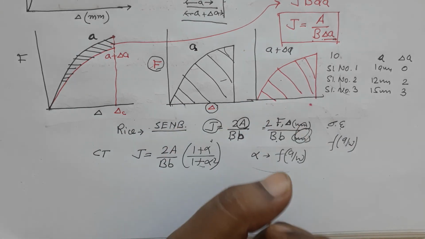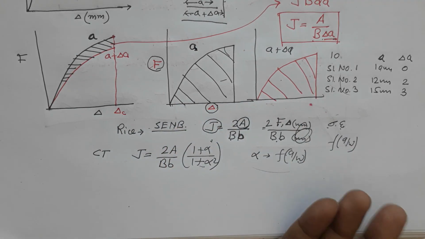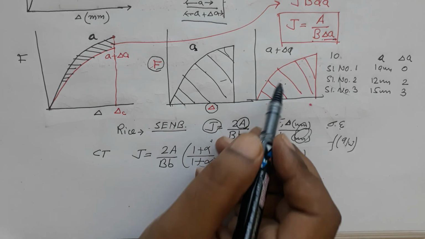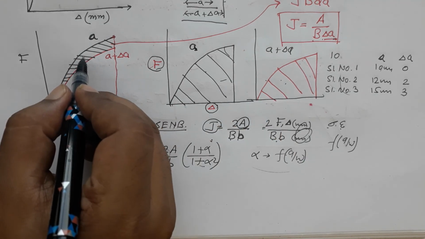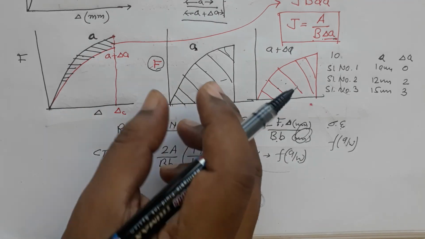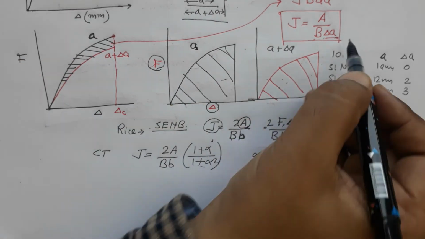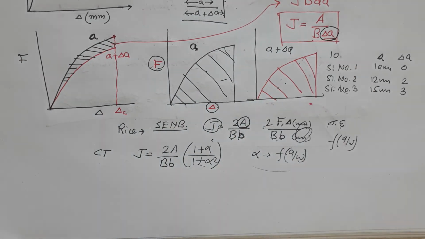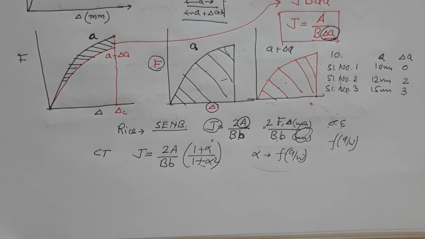By what rate the energy is being released, you can find out by the difference in these two divided by delta A, divided by how much crack length has grown, and that is what we are trying to do. Okay. So once you get this value of J at different values of crack lengths, then we can plot that.